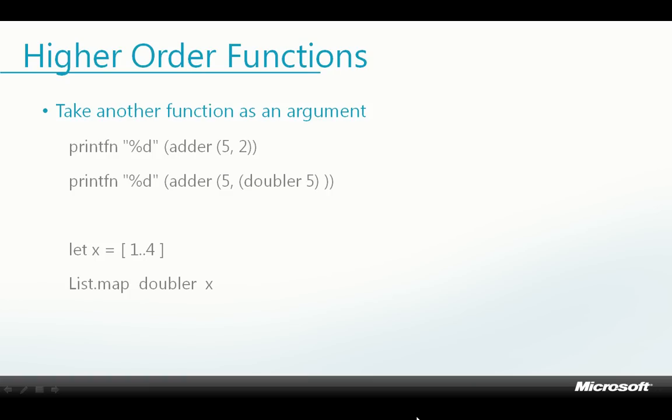This ability to compose functions together means that many small building blocks of little functions can be combined to create very complex behavior, and higher order functions are a critical part of functional programming. Along with immutability, it's one of what you might call the foundation principles of functional programming.